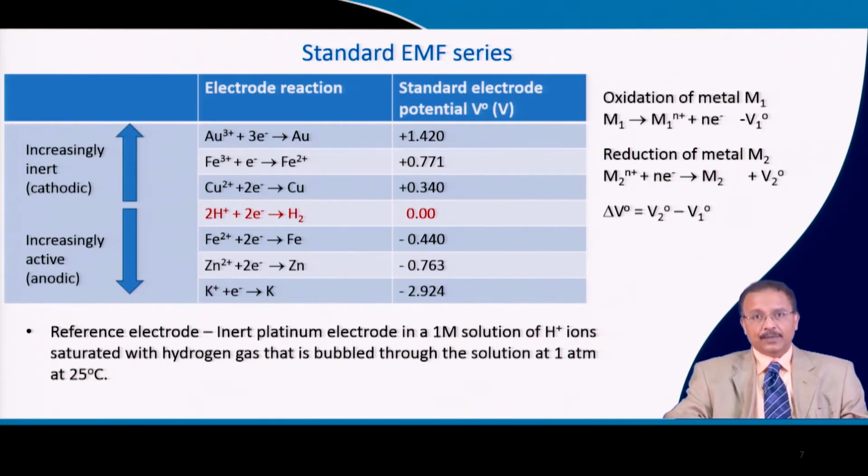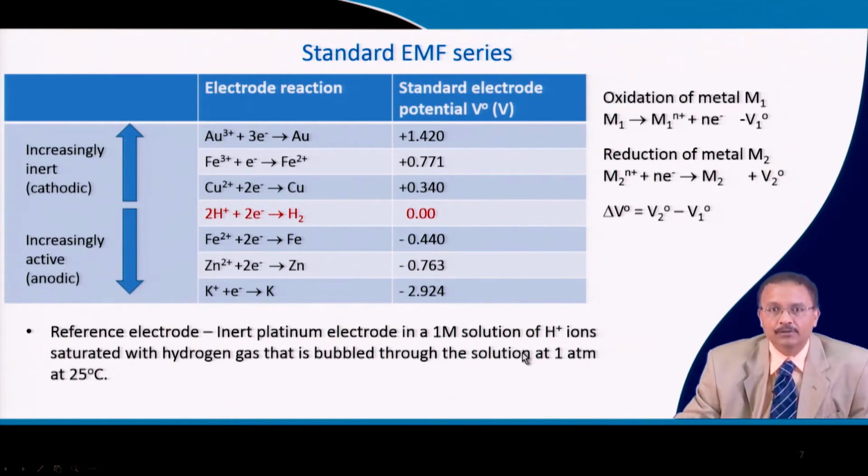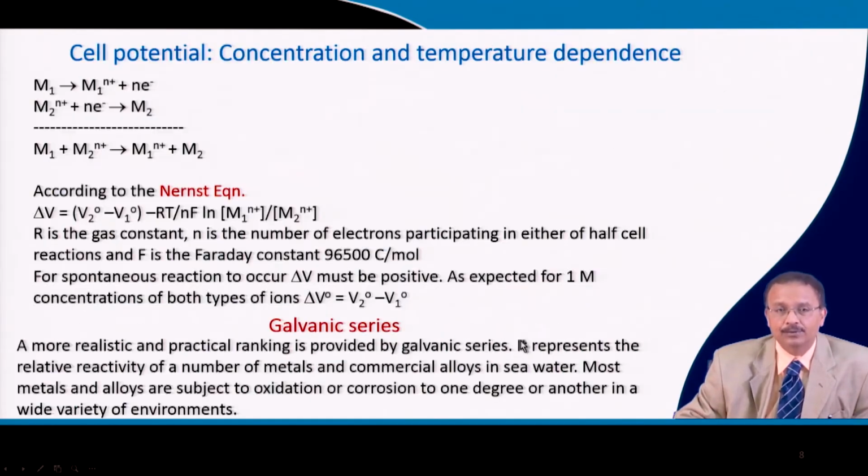You can easily make a hydrogen reference cell, where inside a 1 molar solution of H plus, hydrogen gas is bubbled on a platinum electrode, and this reference is taken as 0. Whatever is above that is increasingly inert, and whatever is below this reference is increasingly active and acts as anode.